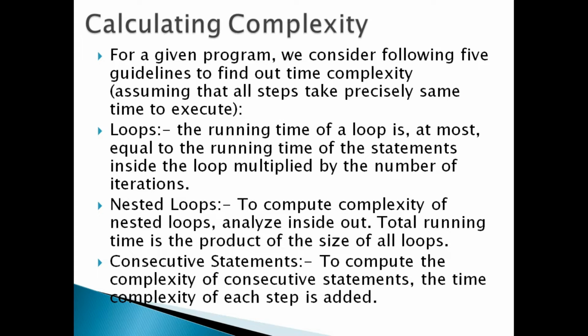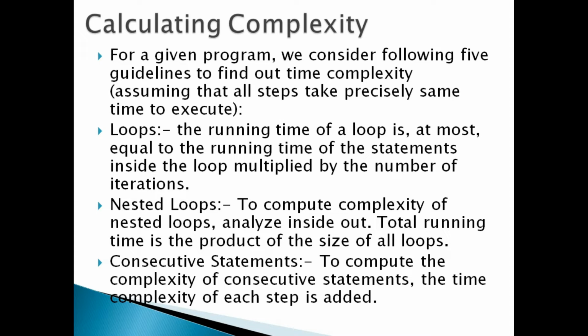Next, the second part is nested loops, a loop inside a loop. How do we compute the complexity of a nested loop? We analyze it inside out, from the inner one to the outermost. The total running time is the product of the sizes of all loops. You have already studied how to calculate the running time of a single loop.